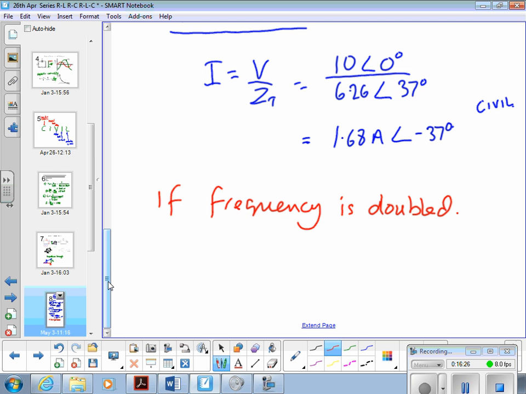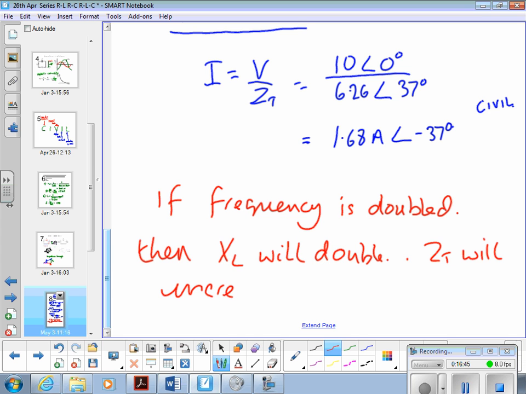If frequency is doubled, then XL will double. ZT will increase. Don't think it doubles, because it doesn't, but it's going to increase. And the angle increases.